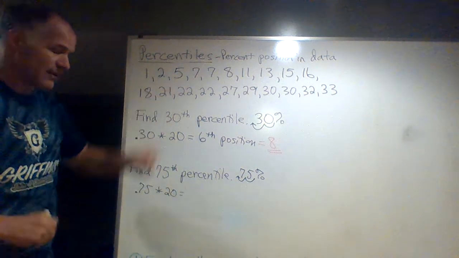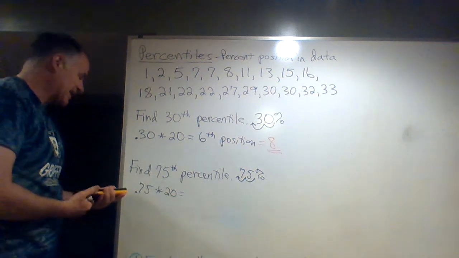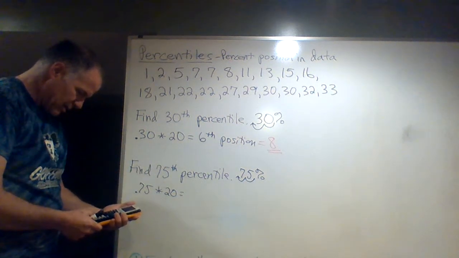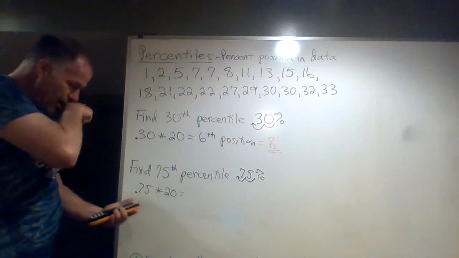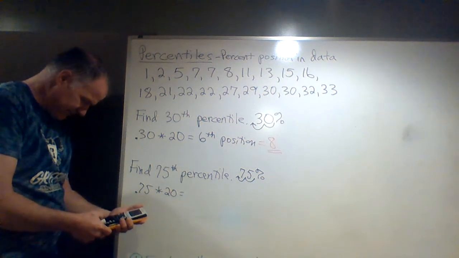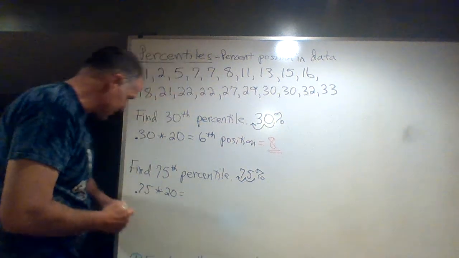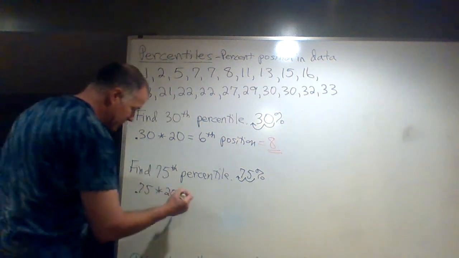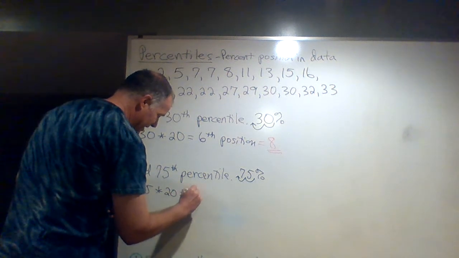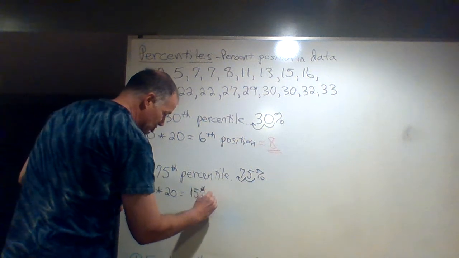I could give you as many as I want, though obviously it would run out of room, but I could give you any set of data here. So 0.75 times 20 is 15. So 0.75 times 20 is the 15th position.